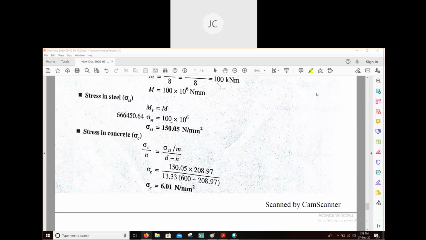Oinam? Okay, okay, so I will tell you. I think in the first or second class I gave you some diagrams showing how to find out stress. Okay, I will show you that PDF.